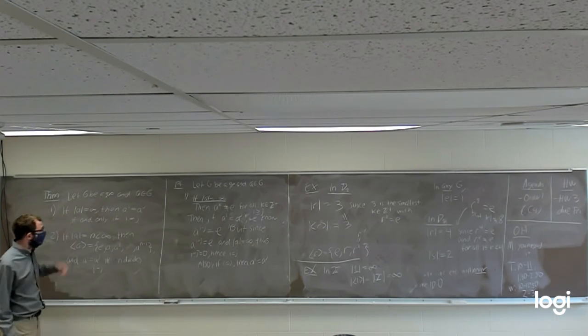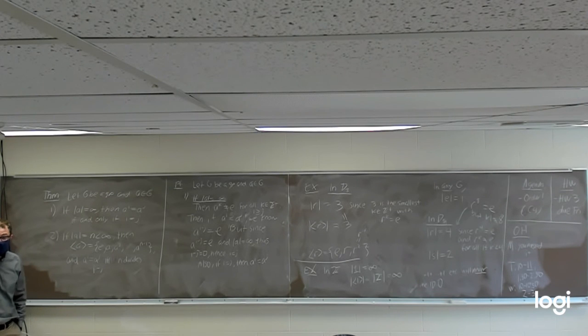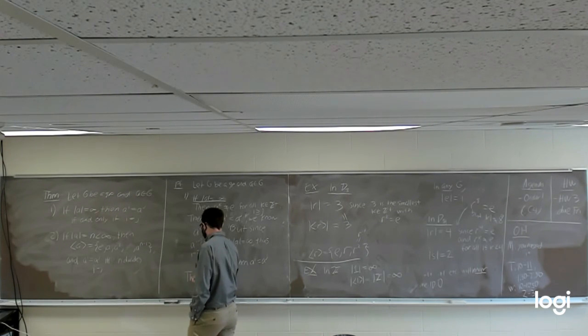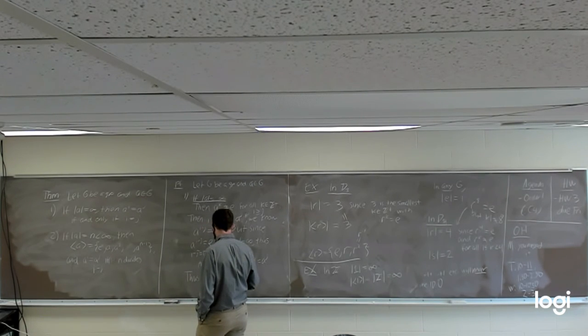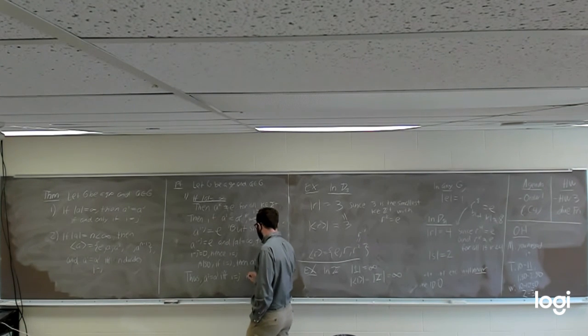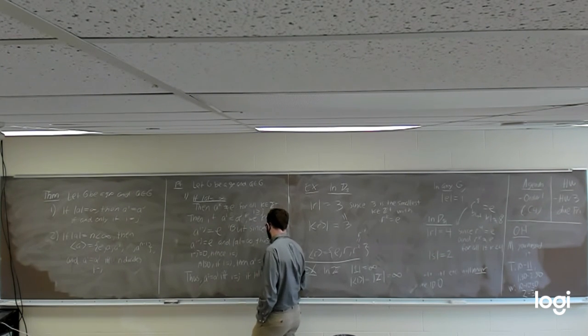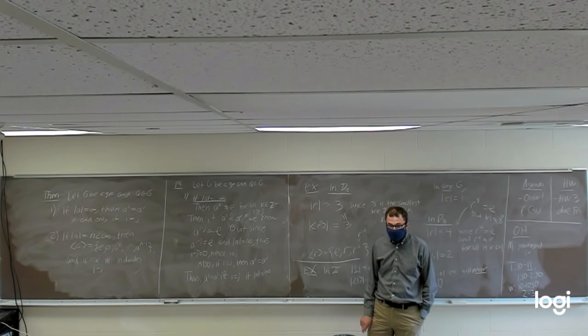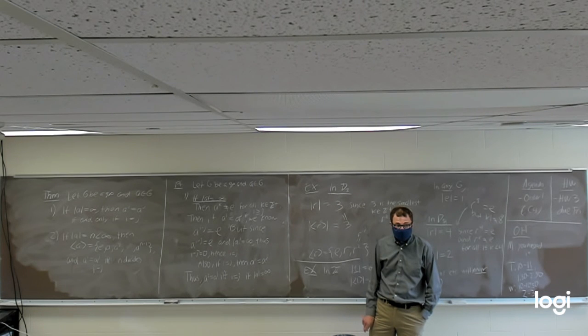Thus, we've proven our if and only if statement, at least our first one. Thus, a to the i equals a to the j if and only if i equals j, if a has infinite order. Any questions about this proof?